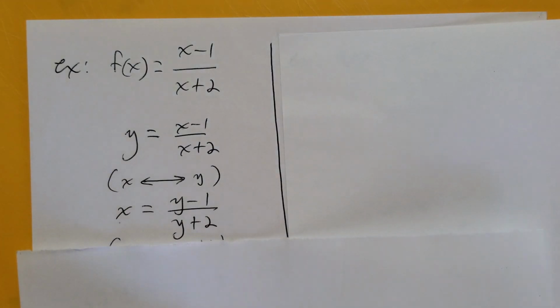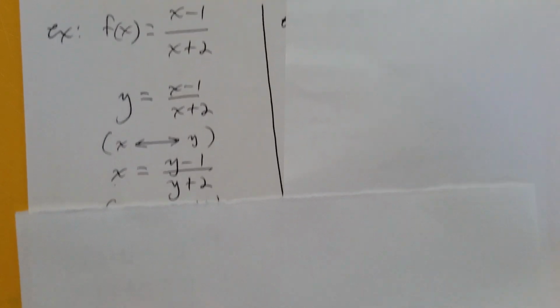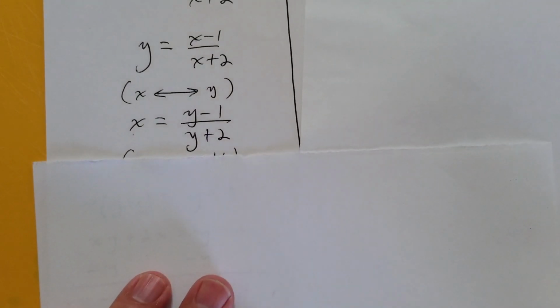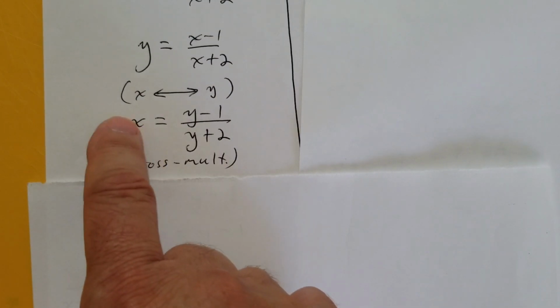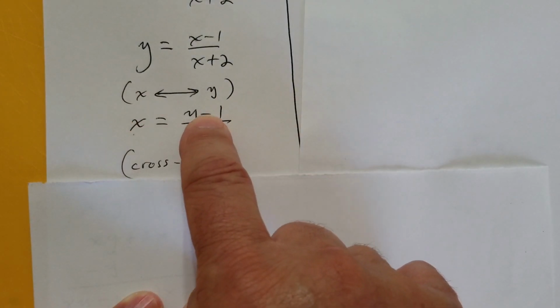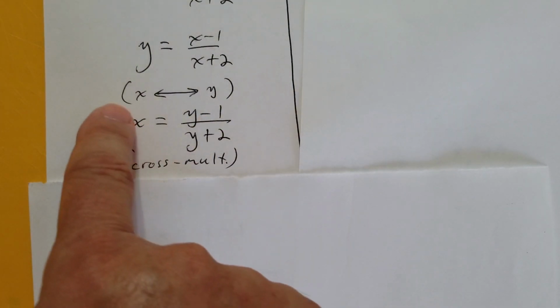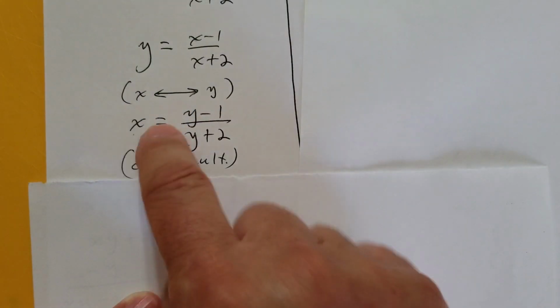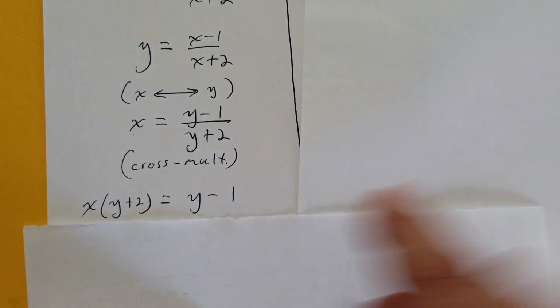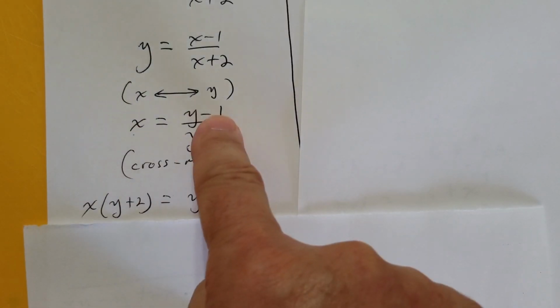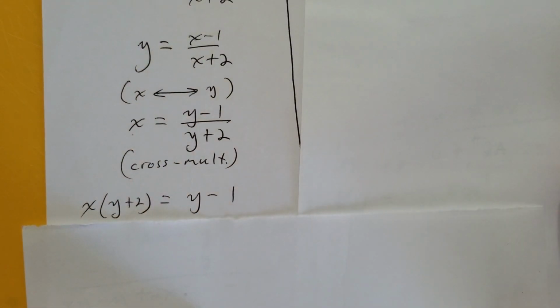Now, we solve for y. So cross multiply, right? X times this, y minus 1 times 1, right? Cross multiply. That's how you solve rational equations. And you get this. Y minus 1 times 1 is y minus 1.